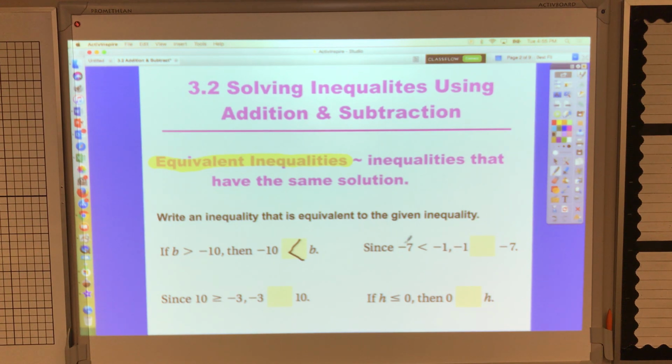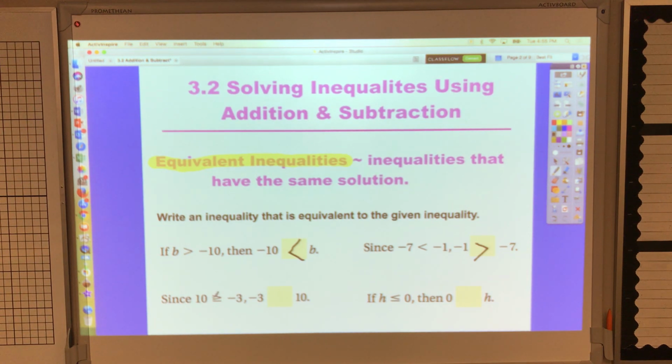Since negative 7 is less than negative 1, I can reverse that and say negative 1 is greater than negative 7. Same type of statement. If I reverse around the numbers, I have to reverse around my symbol in order for those inequalities to still be equivalent. The next one, since 10 is greater than or equal to negative 3, it's pointing towards that negative 3.